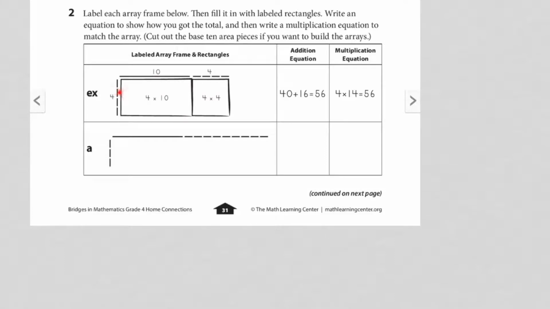So 4 we're going to bring over to the center, and 10 we're going to bring over to the center, and we know it's 4 times 10 equals 40. Same thing again, we're going to take this 4 and pull it all the way over here, and this 4 up here, and pull it down here. 4 times 4 equals 16. So when we add those two together, 40 plus 16, we get 56.